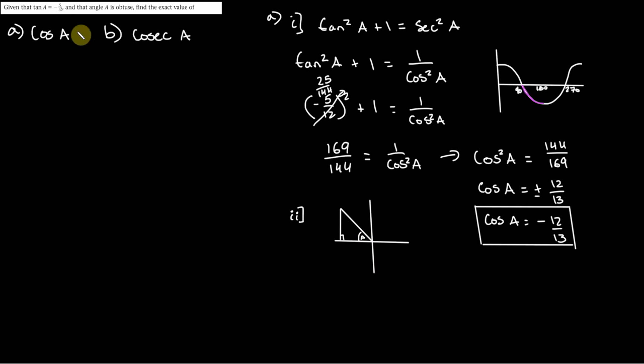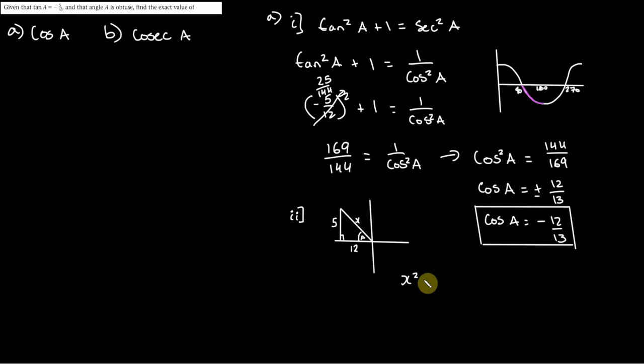And so tan is 5 over 12. Tan is opposite over adjacent, so we're going to say this is 5, the adjacent is going to be 12. And you could say, okay, so we've got a 5 and a 12 here. One would say, oh, this is a 5, 12, 13 triangle, right? It's a Pythagorean triplet. And you could find that out if you wanted to. You could denote the hypotenuse as x.